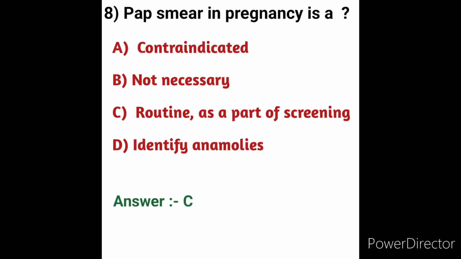Next, move on to question number 8. Pap smear in pregnancy is a. What is a pap smear in pregnancy?